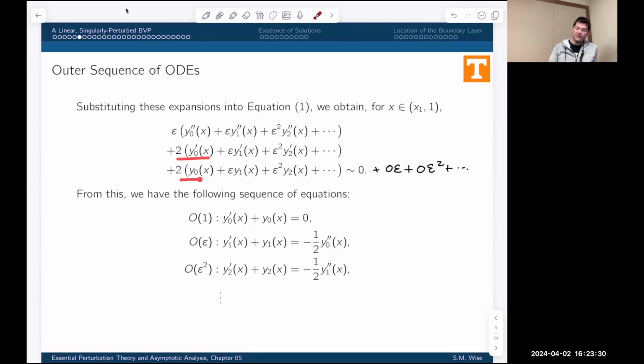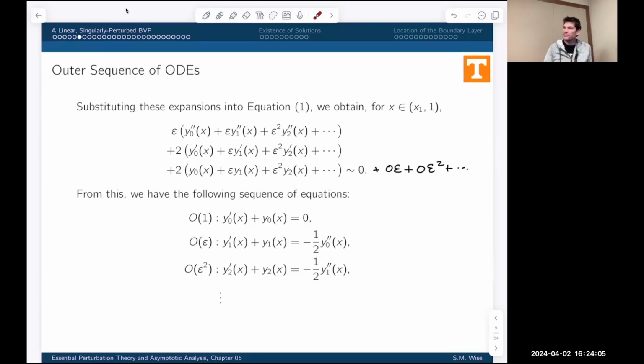Both of them have a 2 in front of them, and so I'm just going to divide out that 2, because I'm going to set that equal to the term on the right-hand side, which is just going to be a 0. So this is my order 1 term on the right-hand side. That's where I get y0 prime plus y0 equals 0. So the 2 I've divided out on the left-hand side, and I can just get rid of the 2 essentially because there's a 0 on the right-hand side.